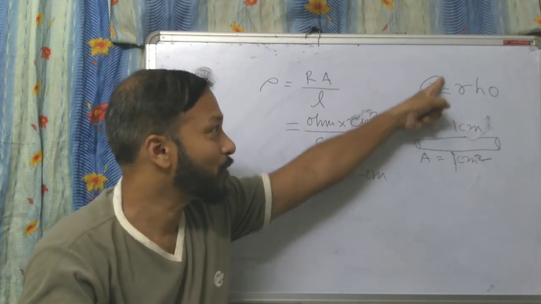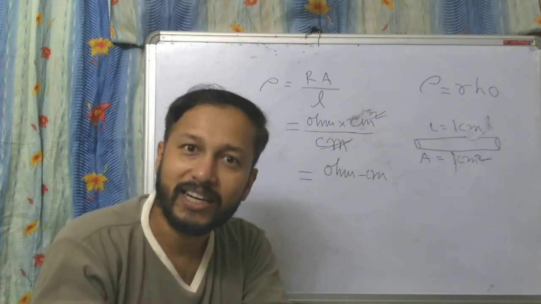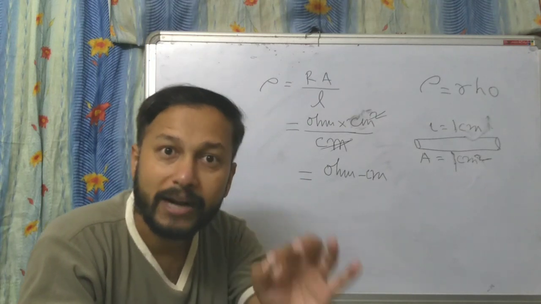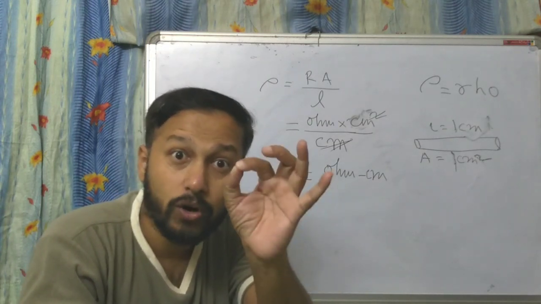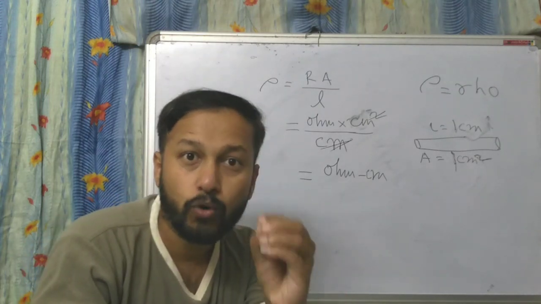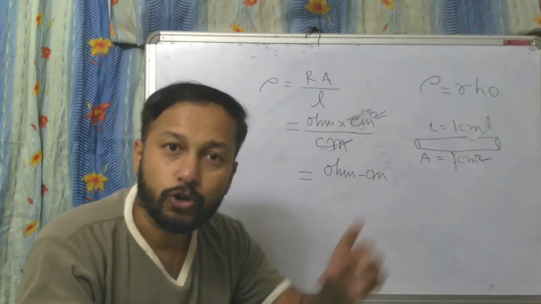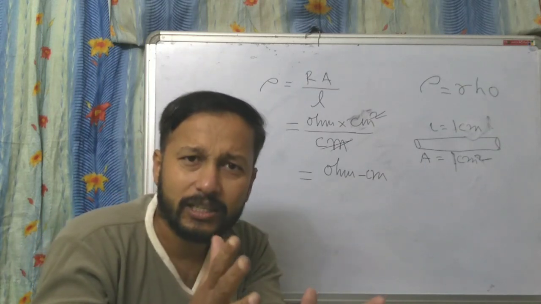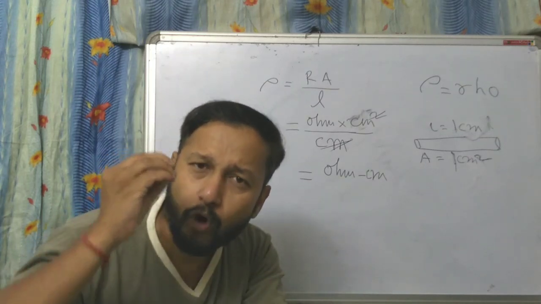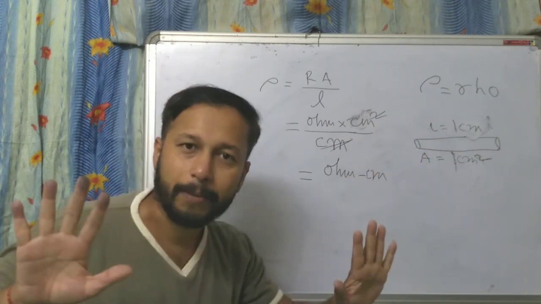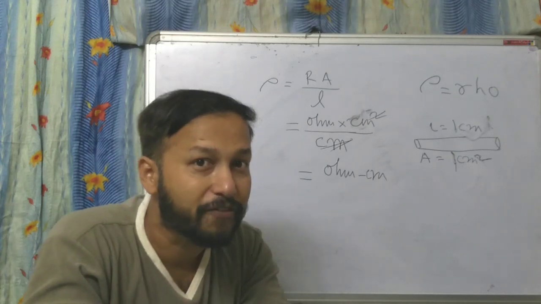Because I told you, rho is constant, it does not change. It only depends on material. What material your wire is made up of. Understood? By what material your wire is made up of, rho depends on that. So if all the wires you are selecting are made up of copper, then all the wires' specific resistance is same, but their resistance will be different.